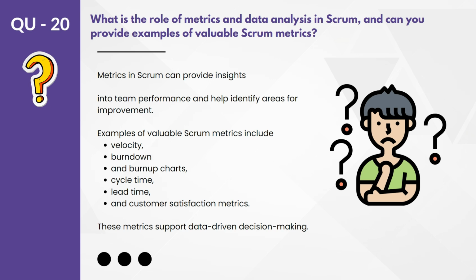This brings the culture of data driven decision making. So we are not talking in the air, or taking decisions just based on some observation or someone saying something. If you are maintaining the data, then you can make the decisions based on the data. So that's how Scrum metrics can be used.